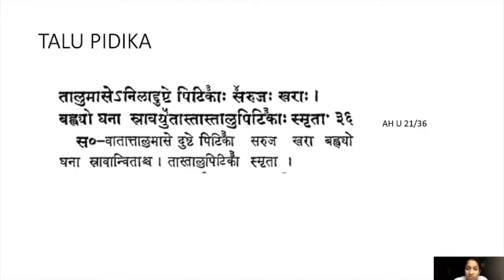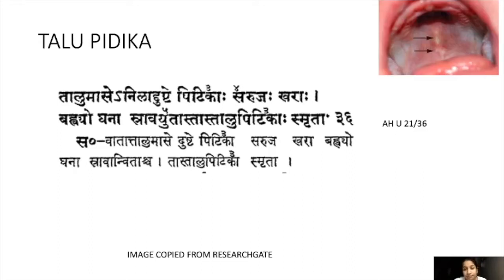So Talu Mamsa will get vitiated by Anila, and it will lead to the formation of pidika. That pidika will have ruja, pain, and it will be rough, and there will be more in numbers, and it is thick, and discharge will be coming out from those pidikas. Those pidikas are known as Talu Pidika.